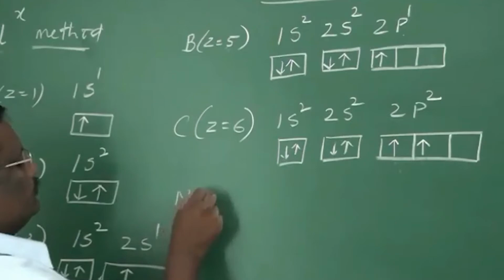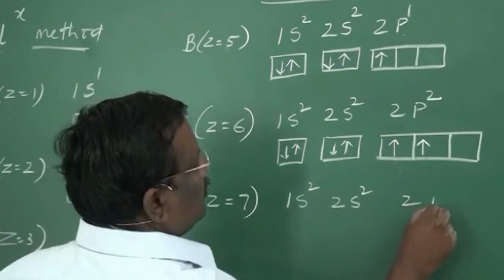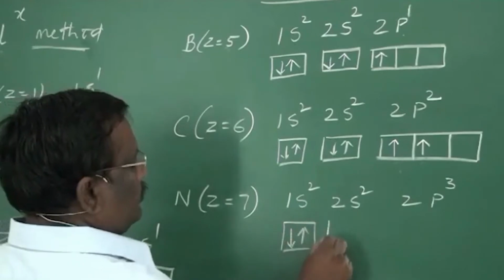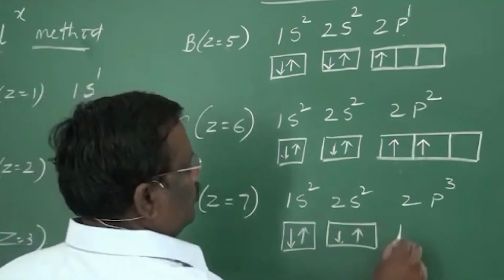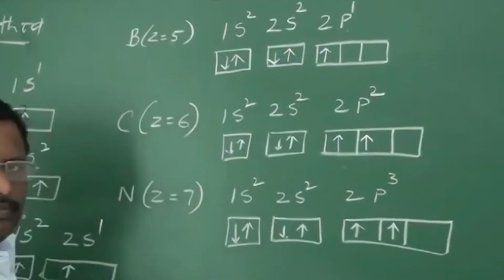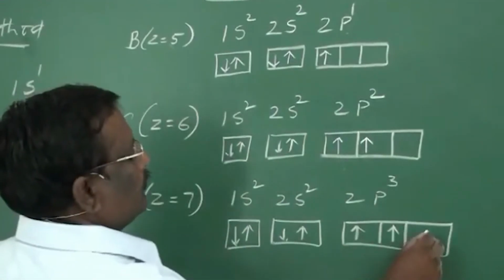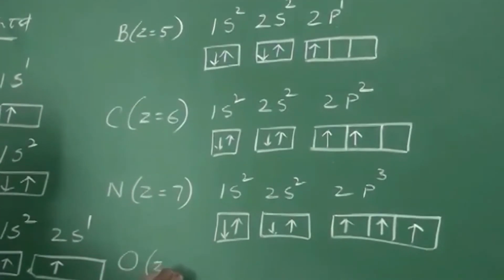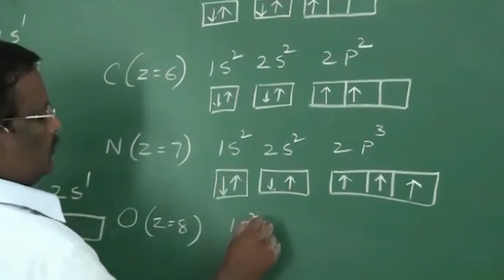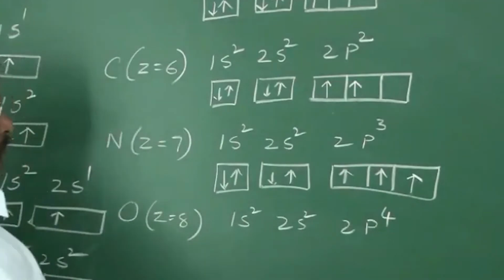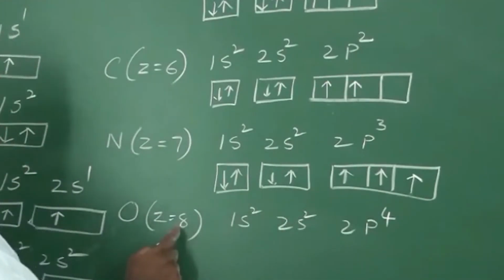Nitrogen. Atomic number is 7. So its electronic configuration is 1s2, 2s2, 2p3. Oxygen: 1s2, 2s2, 2p4. 4 plus 2, 6, 6 plus 2, 8. Atomic number is 8.